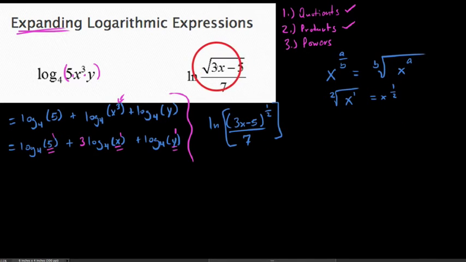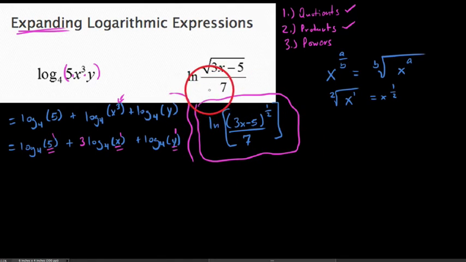So we do have the square root of this right here, which is this quantity to the 1/2 power, and I notice I have a quotient. So now I'm going to give you this advice. Whenever you have radicals and you're dealing with logarithms, rewrite it as a rational exponent first. But now that we have it in this form, what we're going to look for is, do we see any quotients? And yeah, we're taking the log, a natural log at that, of a huge quotient. So we're going to say, well, let's rewrite this then is ln of everything in the top part of the quotient.